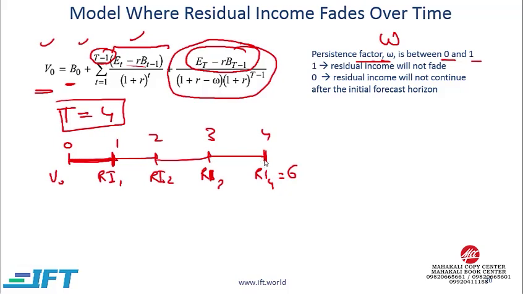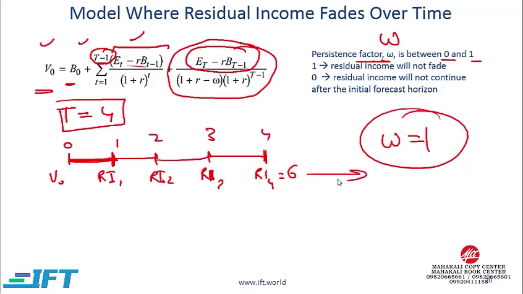Now the question is, how fast will this 6 come down to 0? If it will never come down to 0, if whatever is causing the residual income to be 6 will stay at 6, then what is the persistence factor? Then the persistence factor is 1. A persistence factor of 1 means that this residual income of 6 will stay.